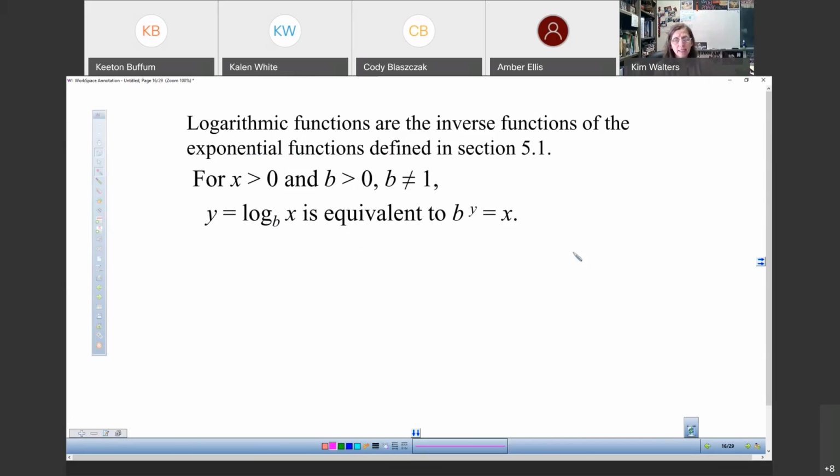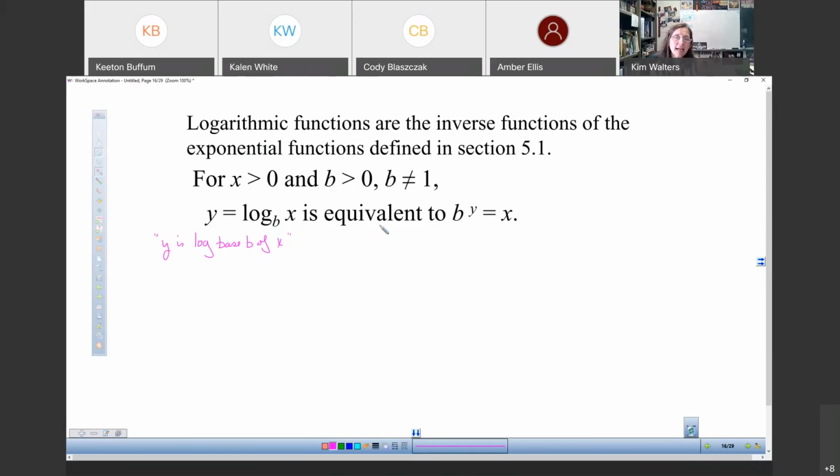So we read this as y equals log base b, just like the base for our exponent, of x. So y is log base b of x. That's how I read that statement.